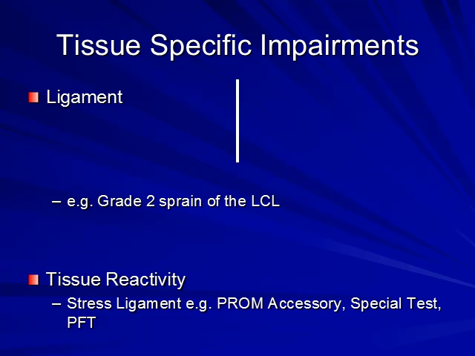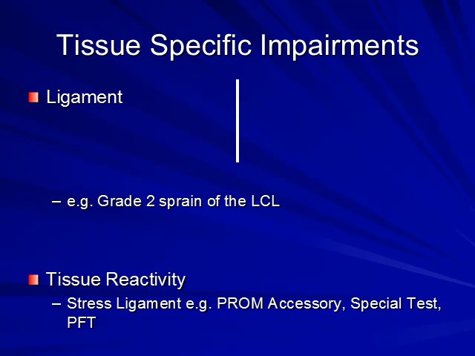All right, so what would best stress a ligament? Well, generally speaking, it may be something like accessory, could be a special test, or even palpation for tenderness. It really depends on the ligament. Give an example. All right, let's go back to the MCL at the knee. The special test for MCL at the knee is doing a valgus stress test at both 0 and 30 degrees.